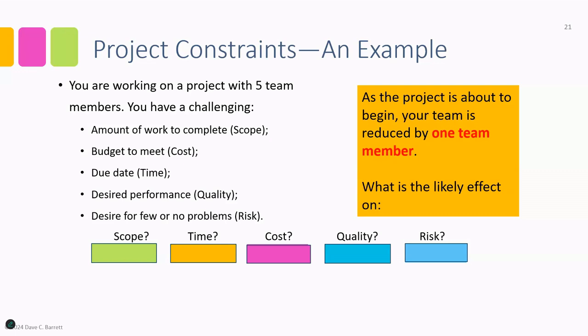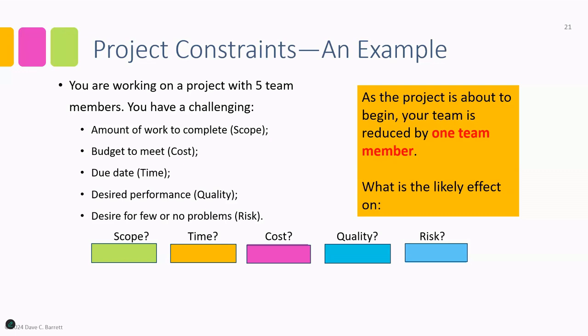So for scope, if you have one less team member, so instead of having a team of 5, you have a team of 4. Now, what is the likely effect on the scope? Like all things being equal, and you're trying as hard, you're going to be as efficient as you possibly can, and so on.